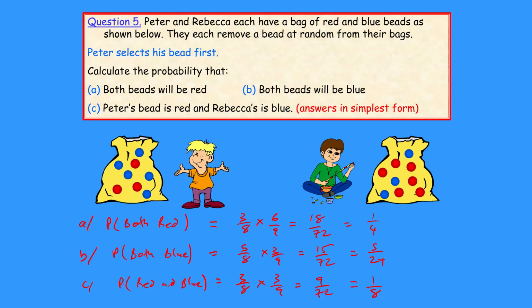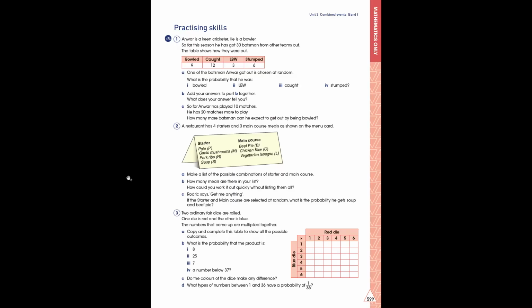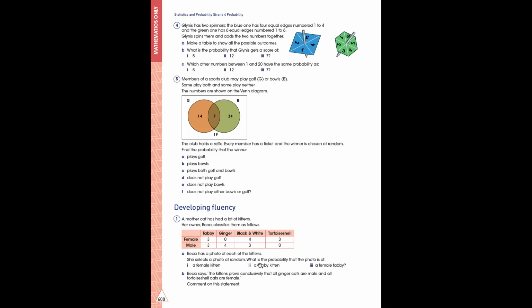Okay, so hit pause, make any corrections necessary, and once you've done that, I've got some classwork for you. Okay, for classwork, I want you to start from question 3. Okay, we're not doing 1 or 2, you start from question 3 and you work your way through to 5.